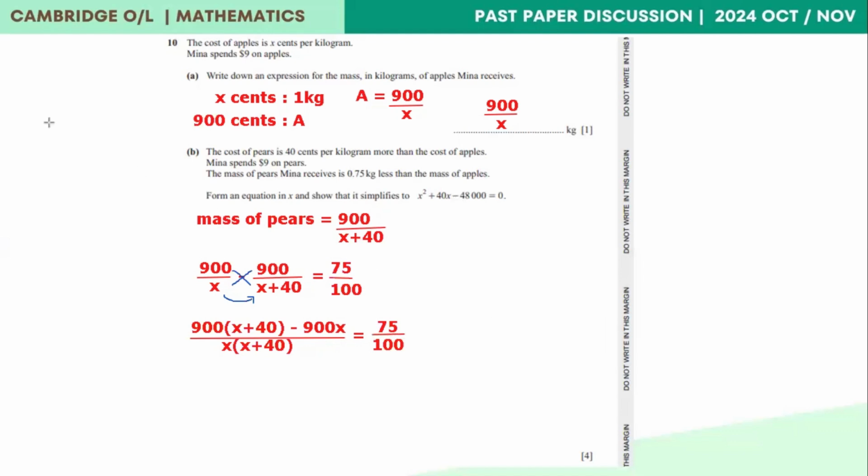Now if we expand these brackets, 900 times x is 900x, plus 900 into 40 is 36,000, minus 900x, and x into x is x square, plus x into 40 is 40x.